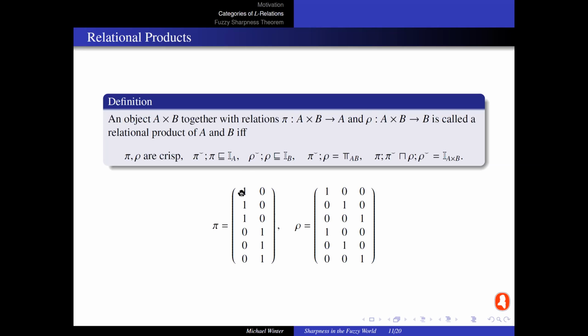That's why we have the ones over here, and the second 3 pairs have the second element as the first component, and similarly with the other projection. So this is how they look if you print them as Boolean matrices.